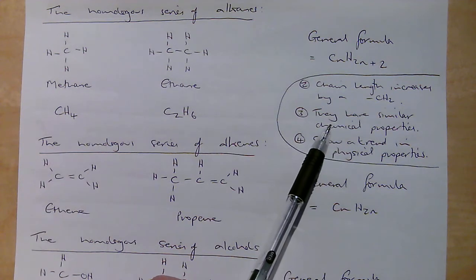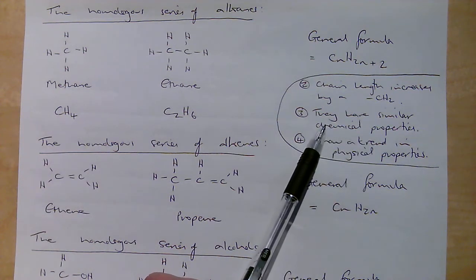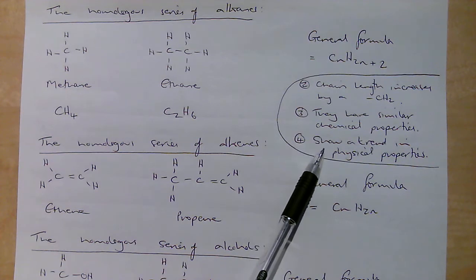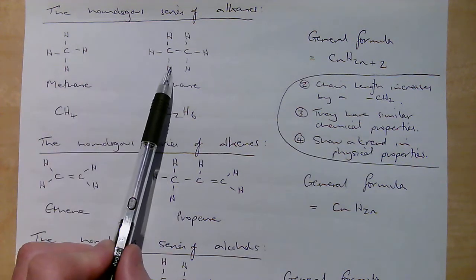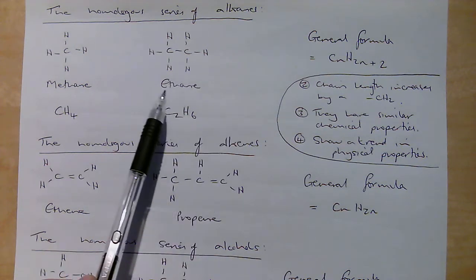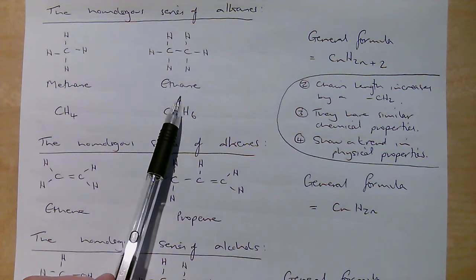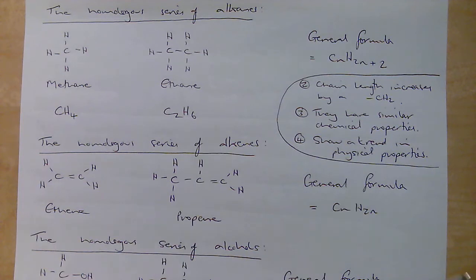Okay, all alkanes have similar chemical properties, and they show a trend in physical properties, because as the chain length gets longer as we go down the group, the strength of the intermolecular force increases, so it changes our physical properties, but there's a definite trend in that.